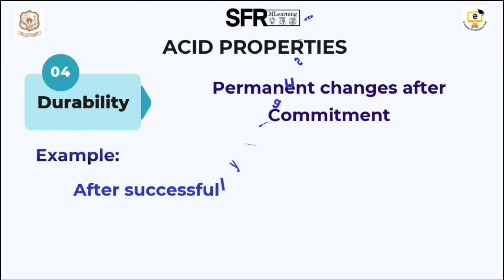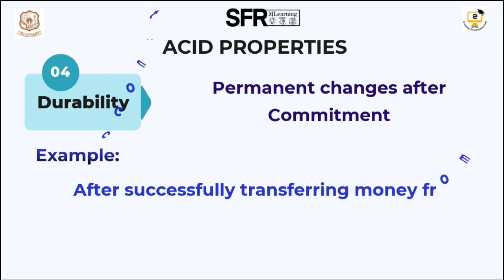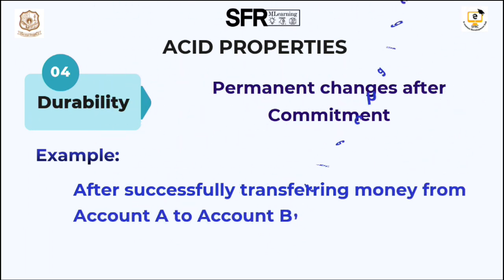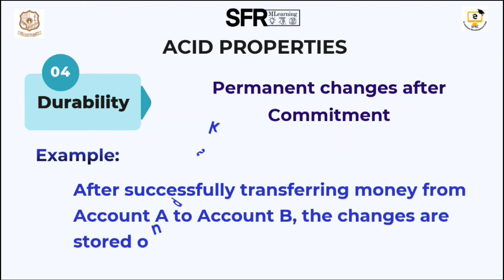Example: after successfully transferring money from account A to account B, the changes are stored on disk. Even if there is a crash immediately after the commit, the transfer details will still be intact when the system recovers, ensuring durability.